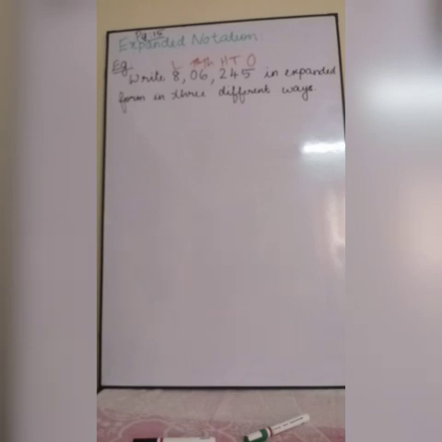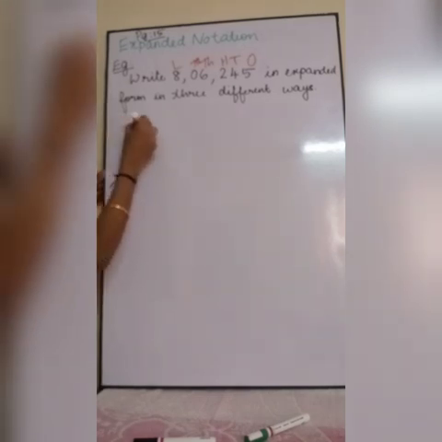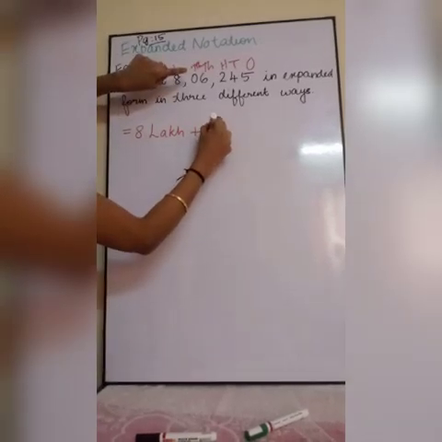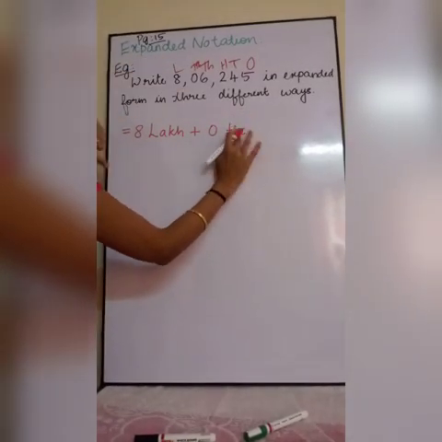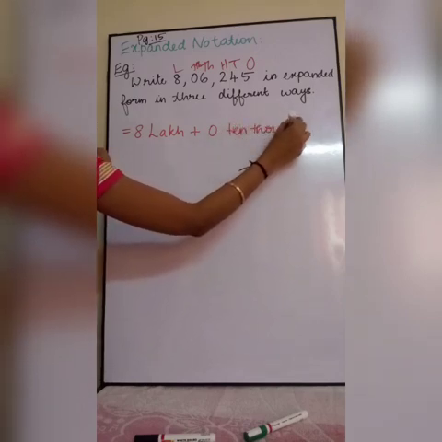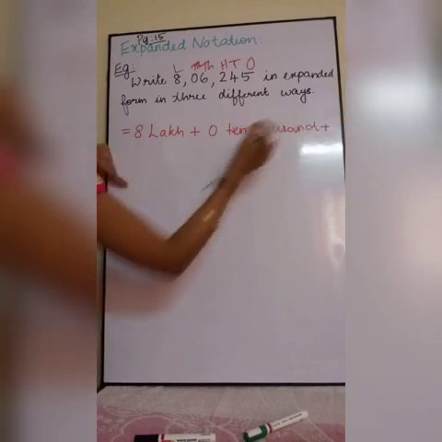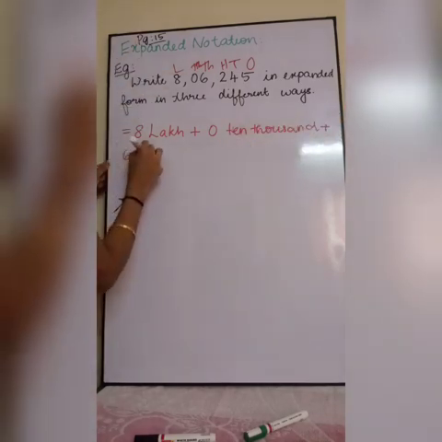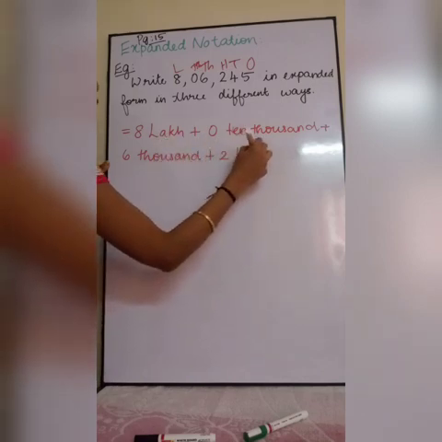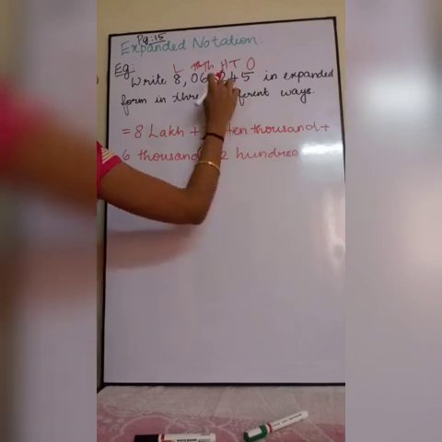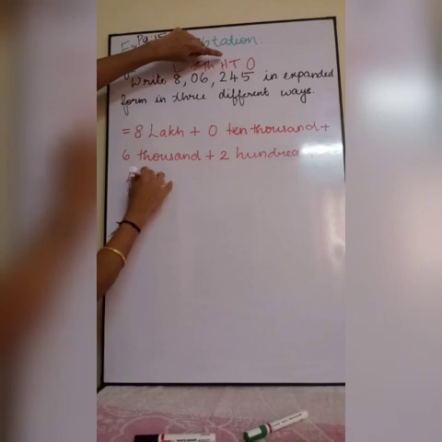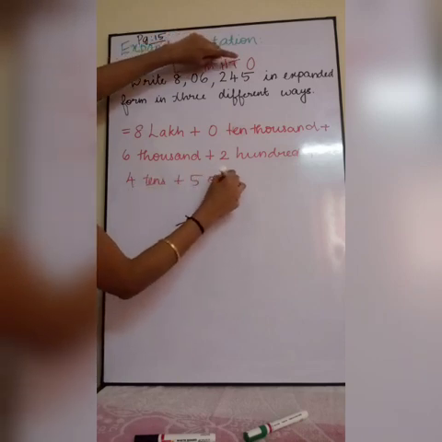Okay, so can we write the expanded form now? 8 lakh plus 0 10,000s, or you can write it as 0 alone, no problem, plus 6,000 plus 200s plus 4 tens plus 5 ones.